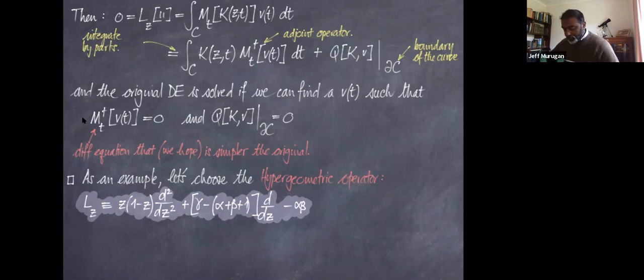Here, the choice of kernel is going to be dictated by the fact that the coefficients of the derivative operators in this expression are polynomials in Z. And since they're polynomials in Z, we will choose what's called the Euler kernel.